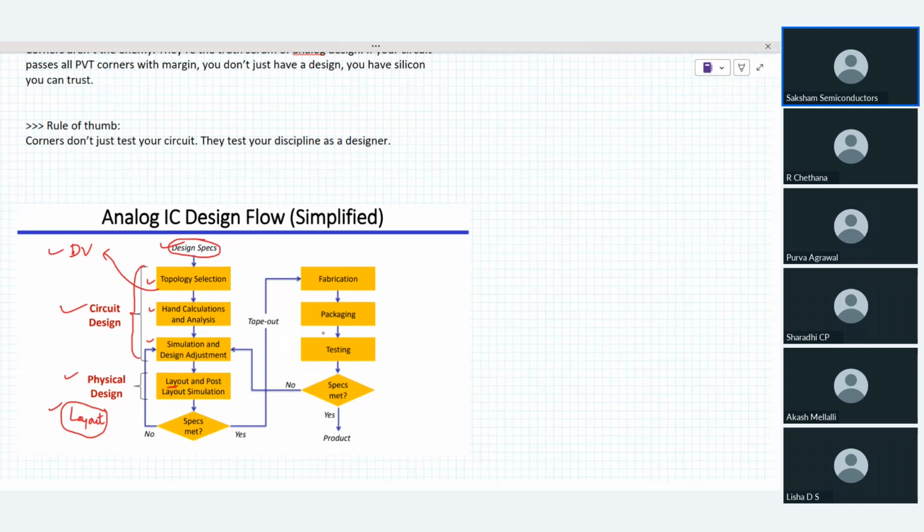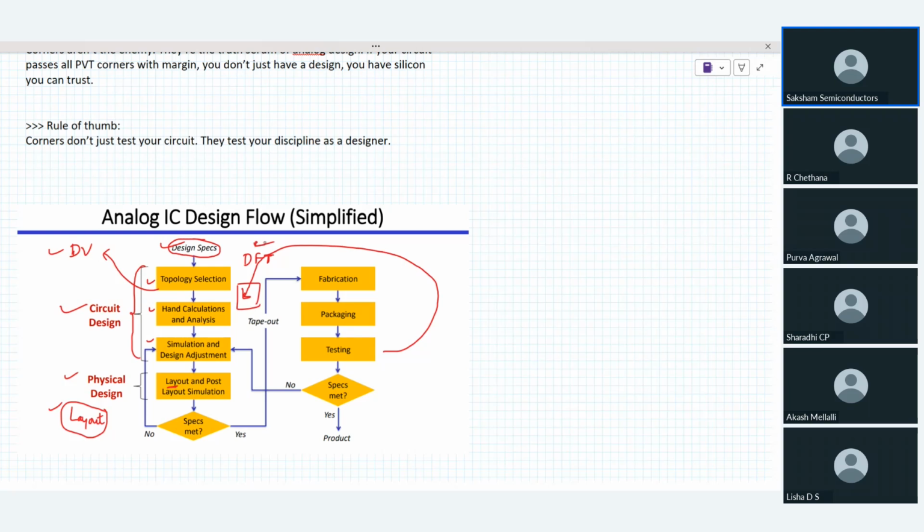And then once it goes for the fabrication, after the fabrication it again comes back to the circuit design engineer. And here one more group would be sitting, and those are your DFT guys, design for testability. This is also one more job role which is relevant in the market.